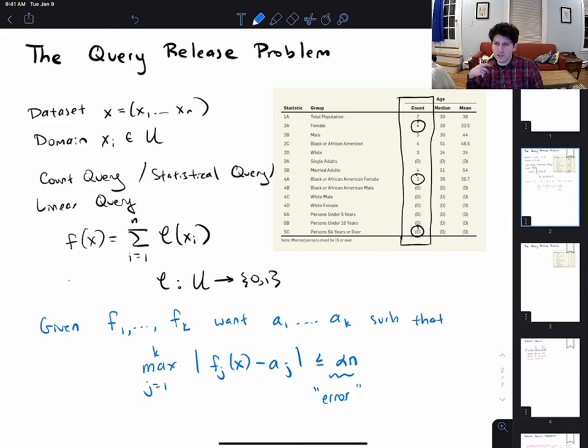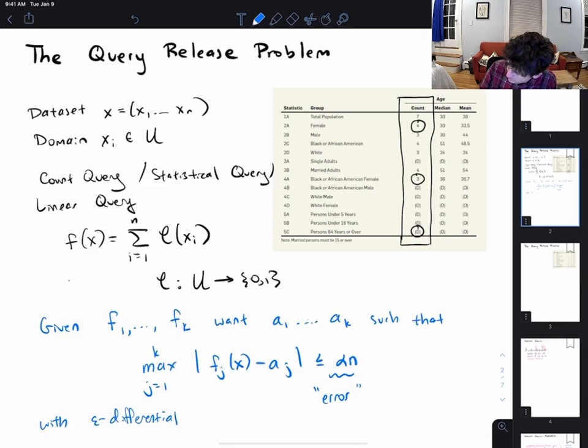And of course, we want a differentially private algorithm that takes the data set x and produces the answers a1 through ak. If we didn't have differential privacy, of course, I could just evaluate the answers, but we want to do this with epsilon differential privacy.